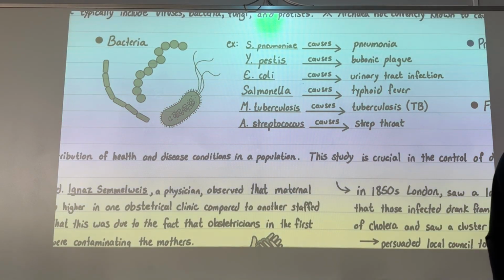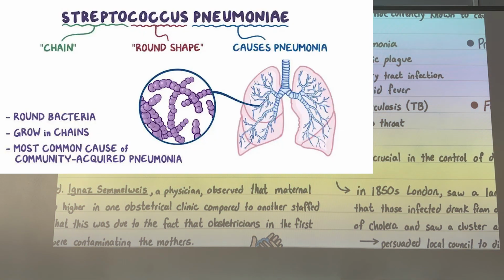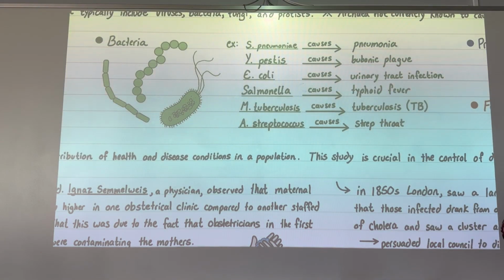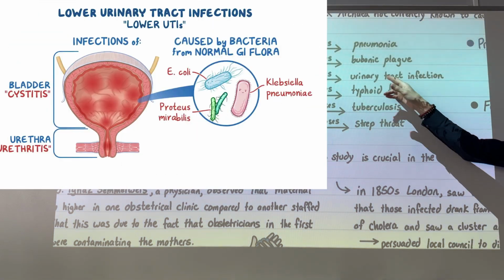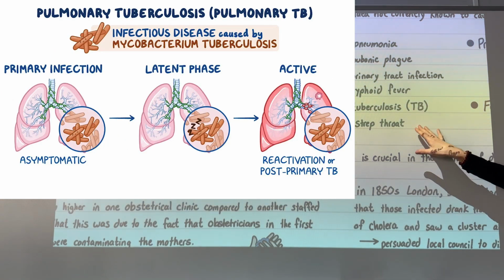Bacterial diseases, as their name implies, are caused by bacteria, not viruses. And so some serious ones, or some famous ones, would be like pneumonia, which would be the infection of the lungs, hence pneumo, right? You have things like the bubonic plague, you have a UTI, or urinary tract infection, tuberculosis, strep throat.